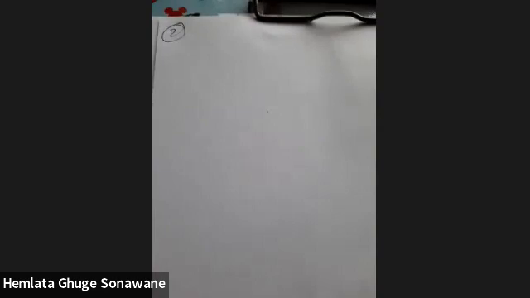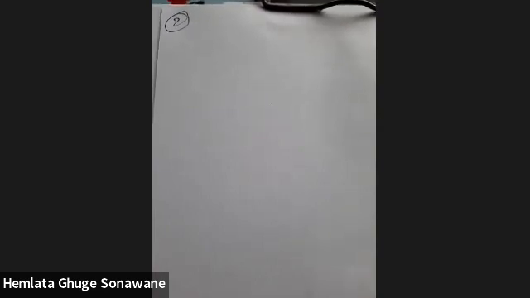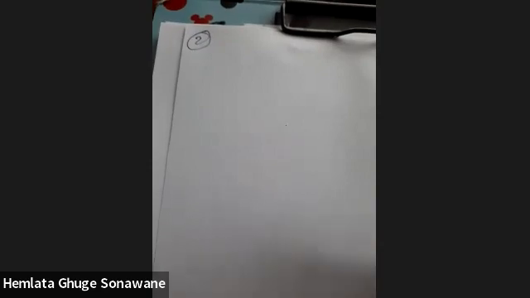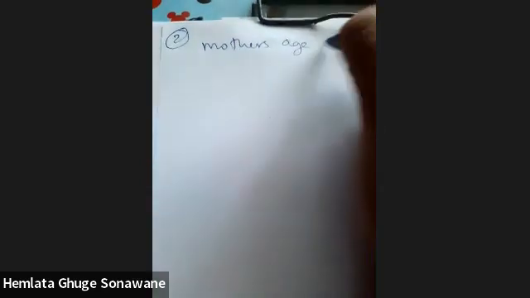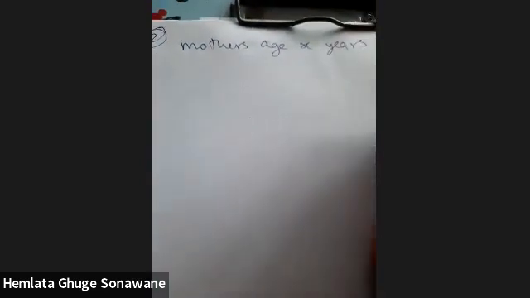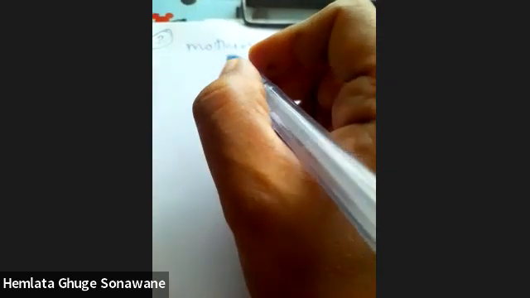Here what we have to do? We have to consider the age of mother and the age of son. So here we'll consider the mother's age as x years, and the son's age as y.